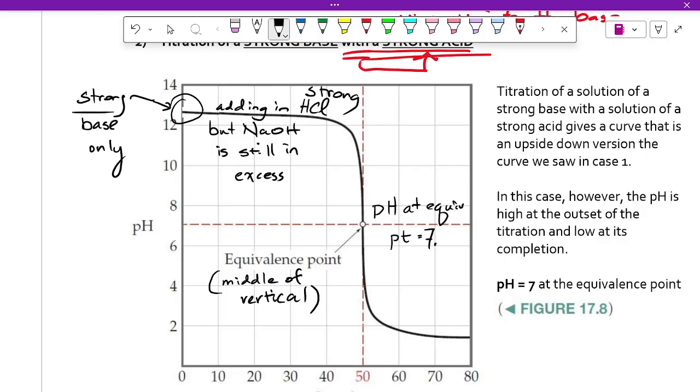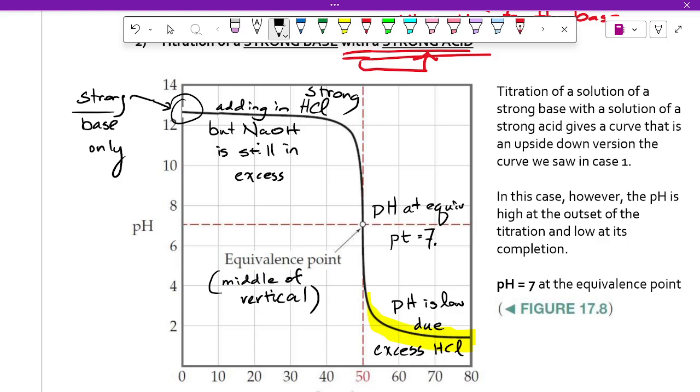And then, what is making the pH so low down in this yellow section? What is making the pH so low? Yeah, pH is low due to excess HCl.